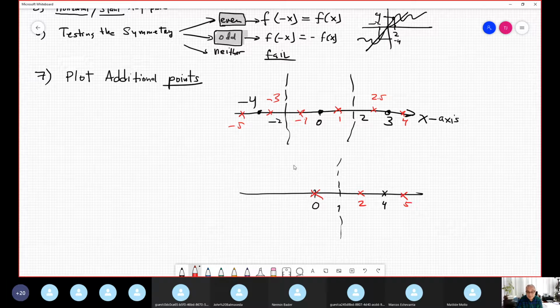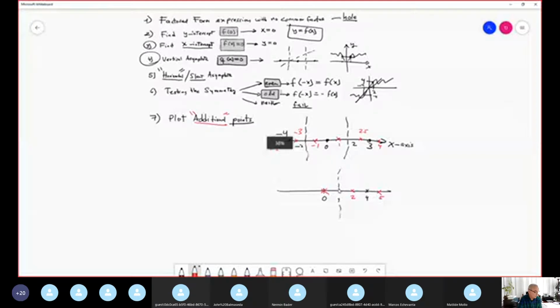This is the minimum amount of additional points. In this case, 1, 2, 3, 4, 5, 6 points. Depending on the vertical asymptote and the x-intercept, you can determine the partitions of the x-axis. Okay, let's apply everything together in 3 problems I bring for you today.